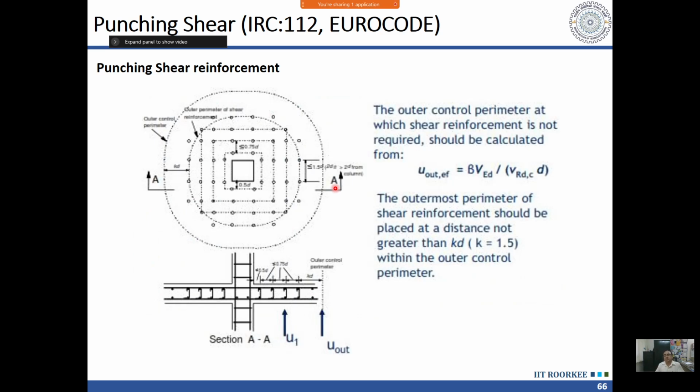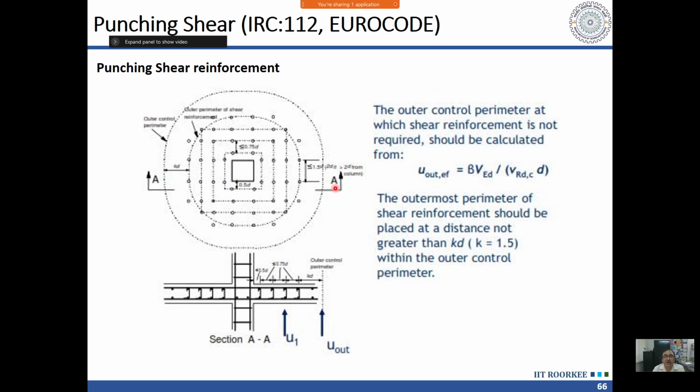But suppose it is not safe, then how to provide the reinforcement? That is not clear in the codes. So the reinforcement calculation and checking for punching is different. It is not the way we check the reinforcement or the same formula which we use for checking the shear or for calculating the shear reinforcement in case of one-way shear.